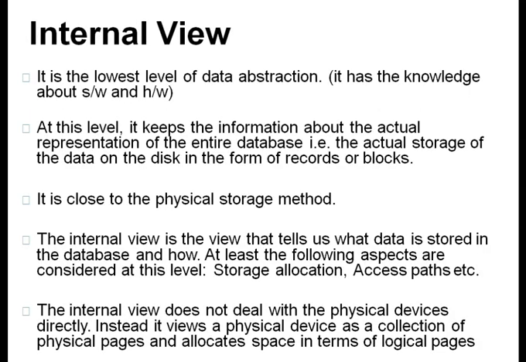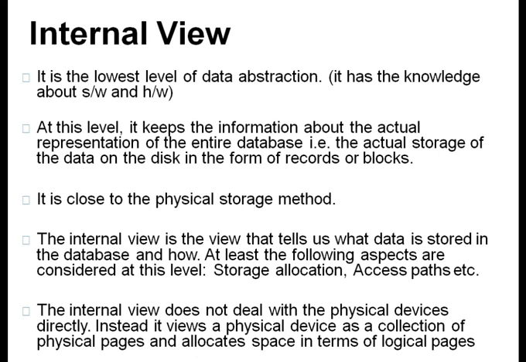Next is the internal view, also named the physical level. It is the lowest level of data abstraction because it has knowledge about software and hardware. At this level, it gives information about the actual representation of the entire database, that is, the actual storage of the data on the disk in the form of records or blocks.